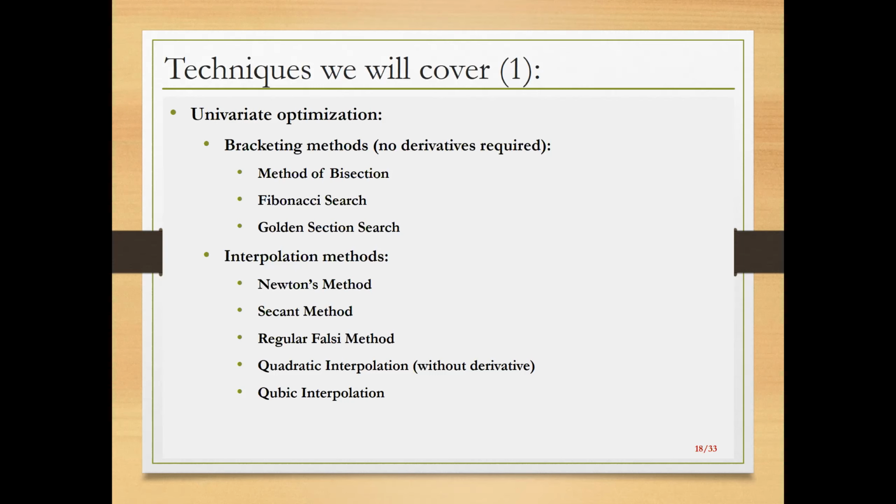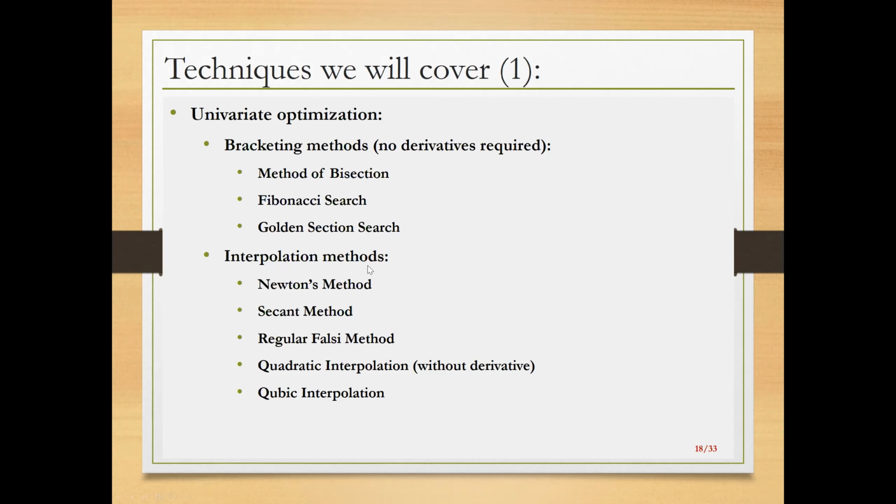It's just using brackets. I don't know whether you had a course on numerical methods, but in numerical methods, you should have seen bracketing methods. If not, we will see it in this course. The most common ones are the method of bisection, Fibonacci, and golden section search. We'll be looking at each of them.